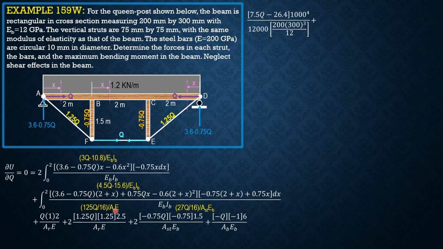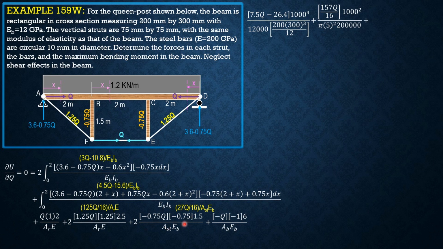Then for this, 157Q over 16, so that's 2Q plus 125Q over 16. These two are combined. 1000 squared over area of rod, pi times 5 squared, then E of rod 200,000 megapascals.